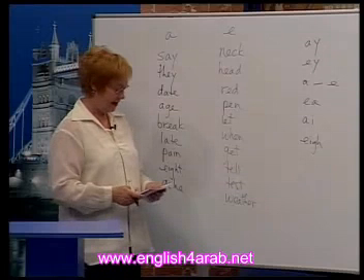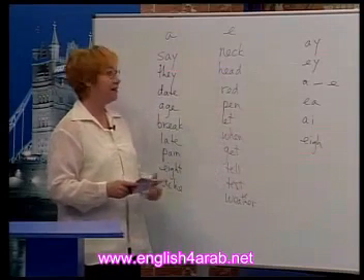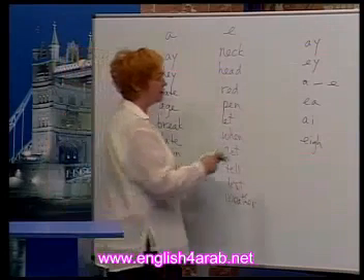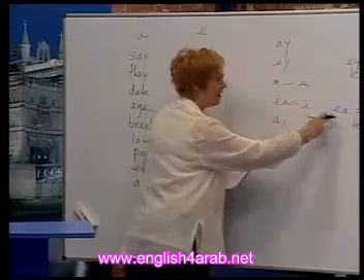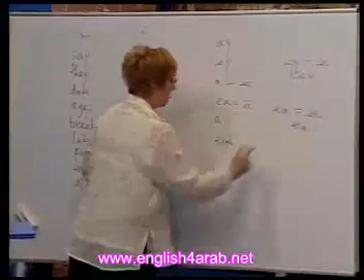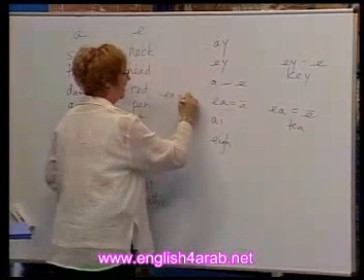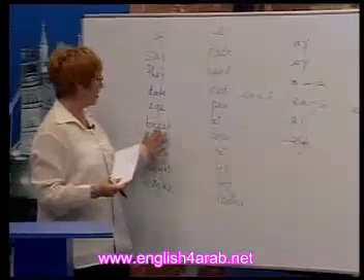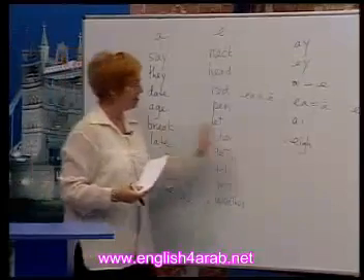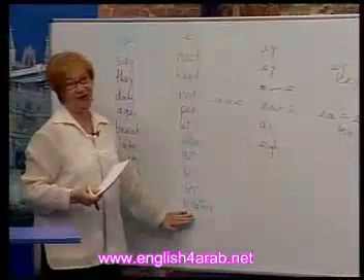Now, again, if you look at the spelling of these words, here is another sound of EA. So we have EA, long A, EA, E, and now we have EA, eh. So we have break, tea, and weather.